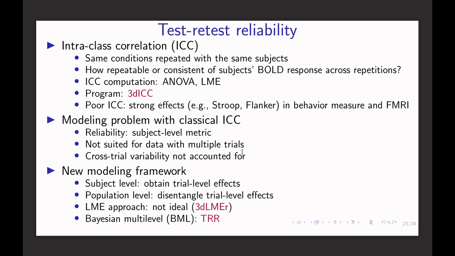That's based on multi-level modeling. In that approach, currently we can only handle it at the regional level. So each ROI, we can model separately. So there's a program which I'm going to create soon. Probably I will call it TRR, standing for test-retest reliability.